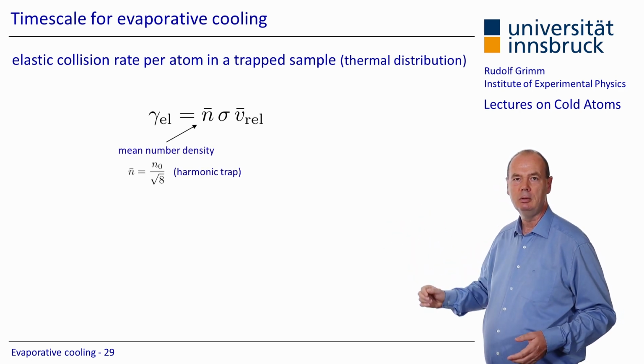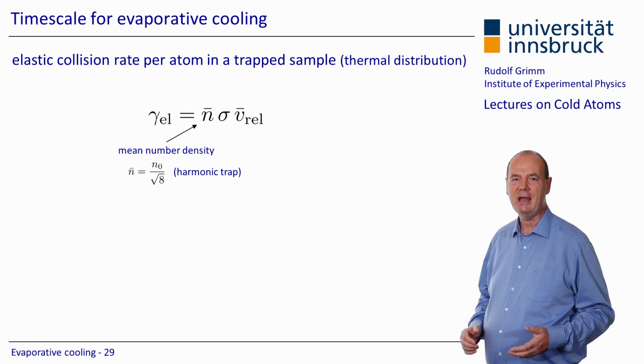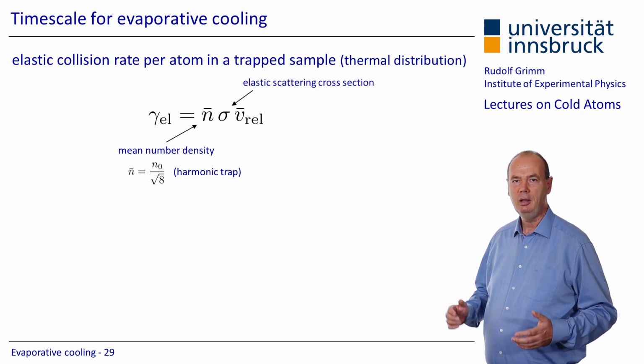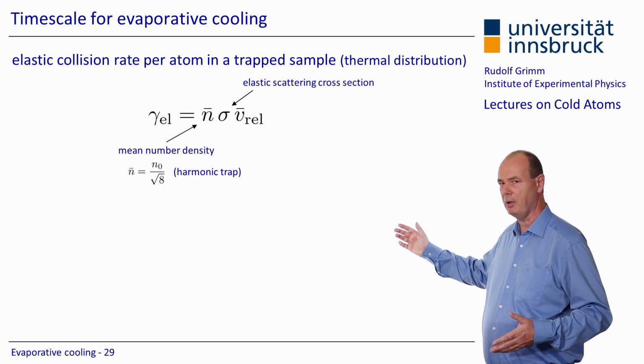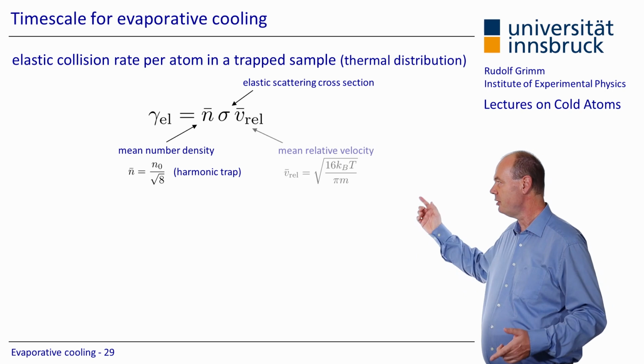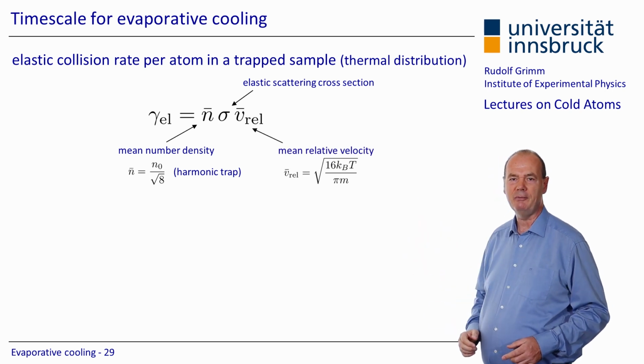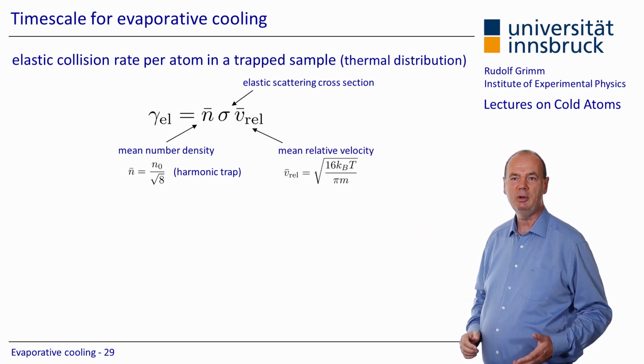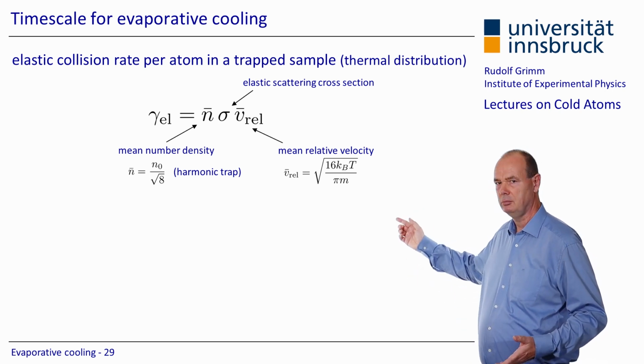First, the mean sample average number density n bar, which for a Gaussian-shaped cloud is the peak density divided by square root of 8. Second, the scattering cross-section sigma, which I will discuss in a minute. And third, the mean relative velocity, which in the thermal sample is obtained by the expression shown here.